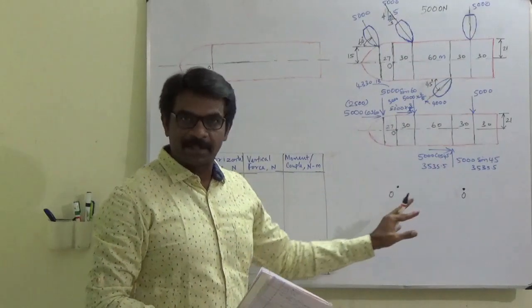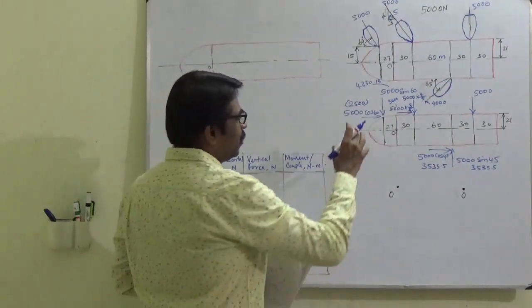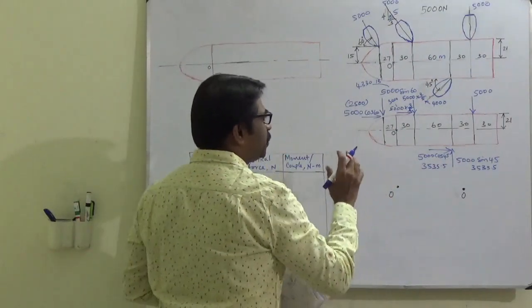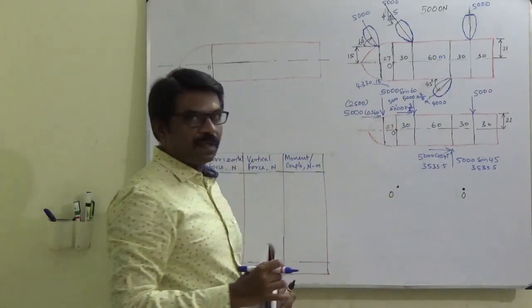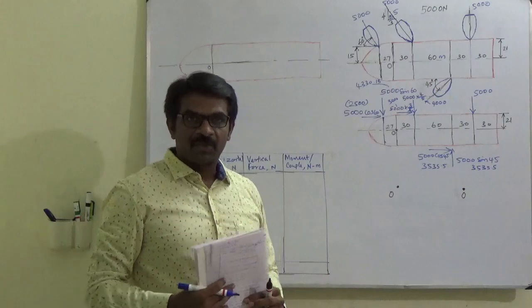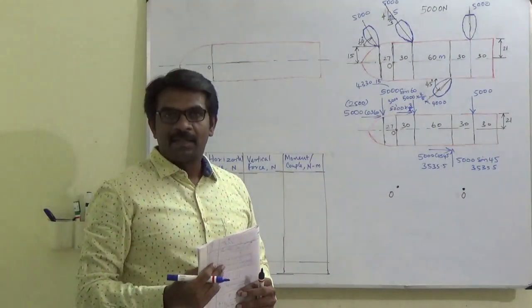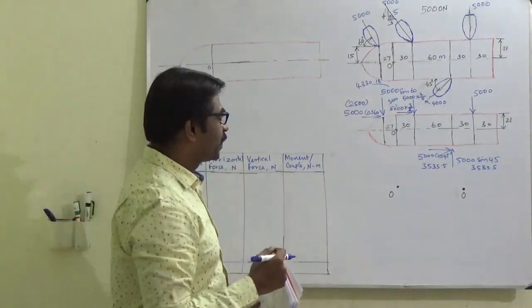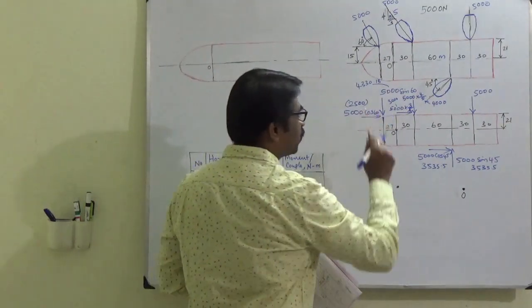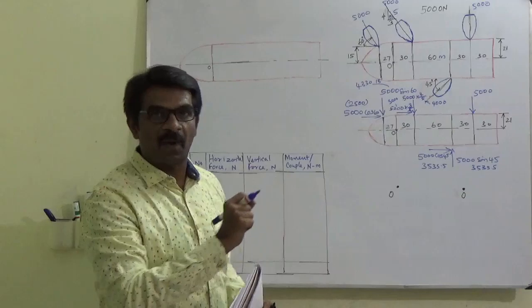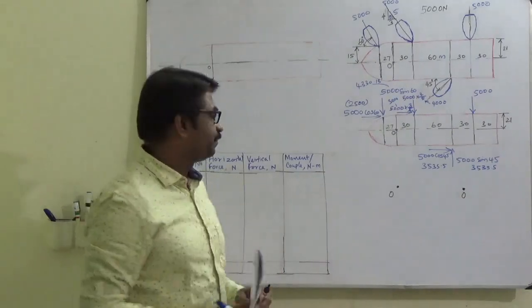Okay, so this O point is placed here. Both are the same points. What I am going to do, I am going to bring the force here. If I have to bring a force to another point, I have to introduce a couple which is equal to the moment of that force about that particular point. We know that.